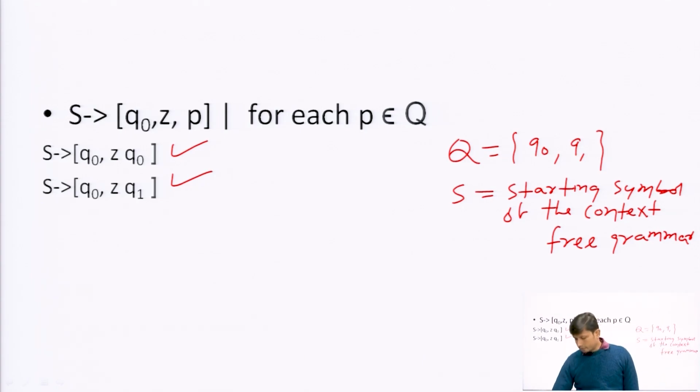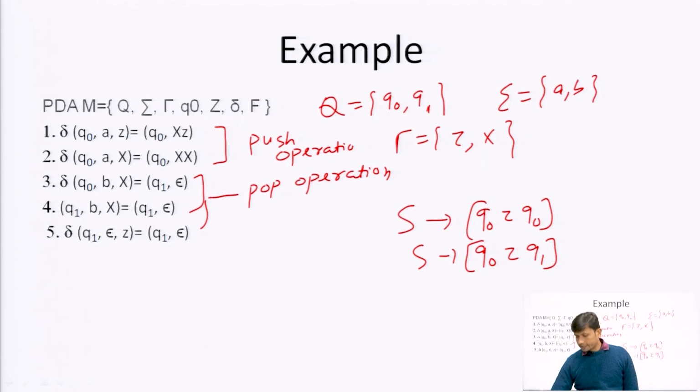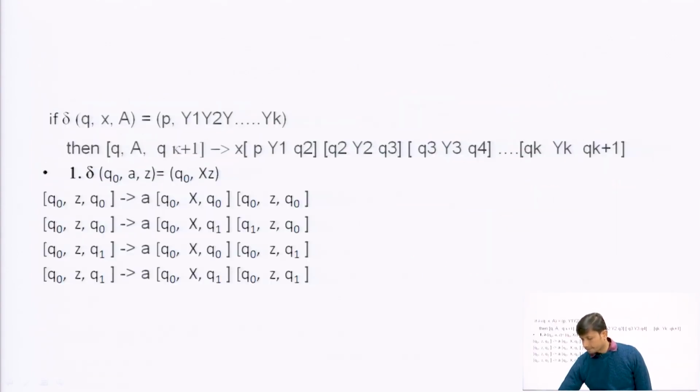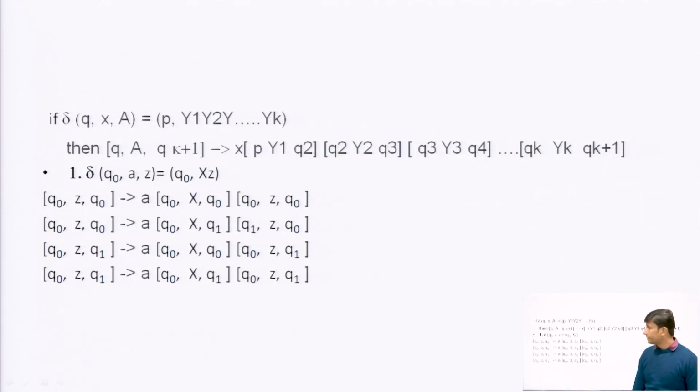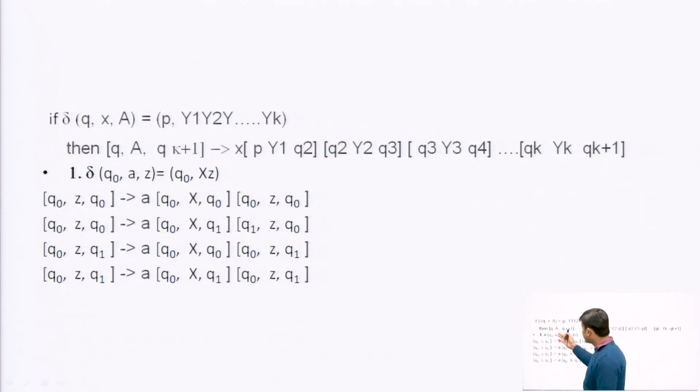Now we will see what the productions are. The grammar is given, and I have written serial numbers 1, 2, 3, 4, 5. Five productions are there. Take the first production. It says that you read input A with stack top Z, and we push X into the stack. So when we read A, we push X into the stack.